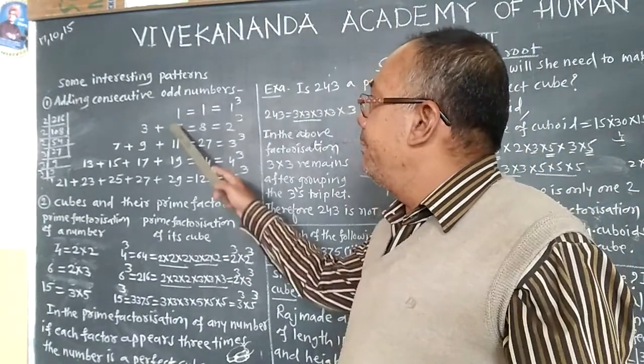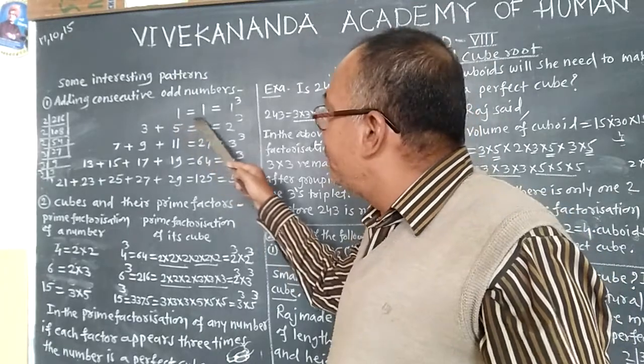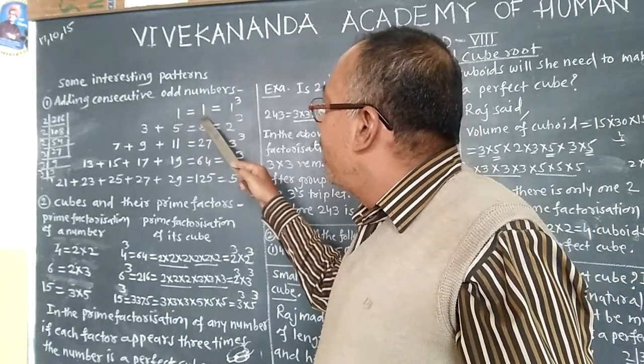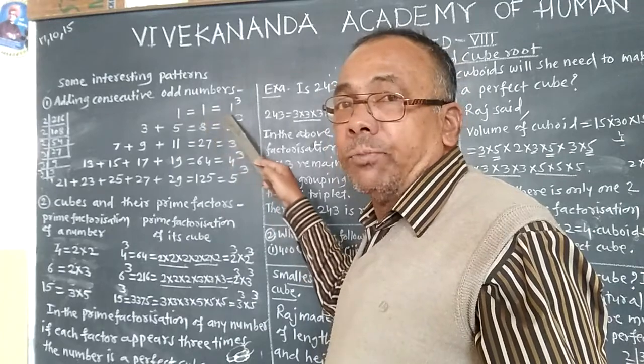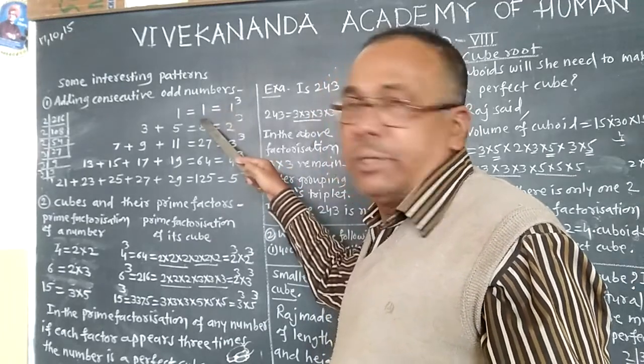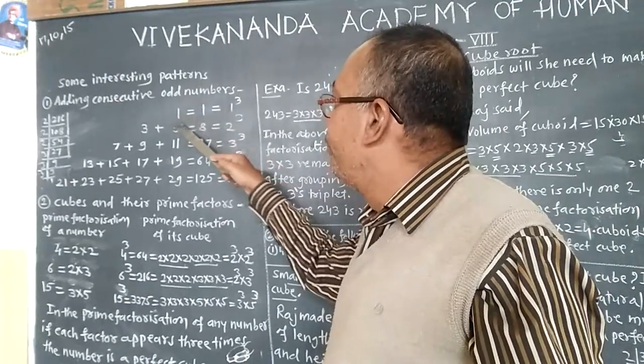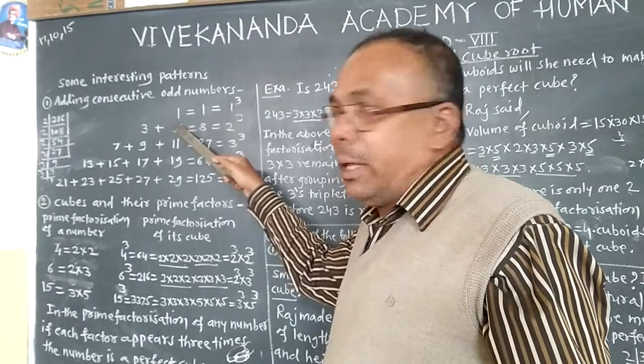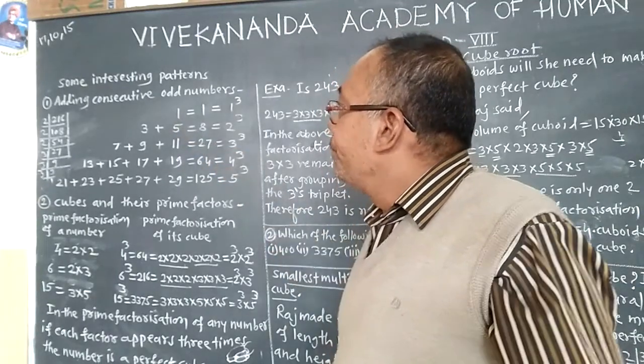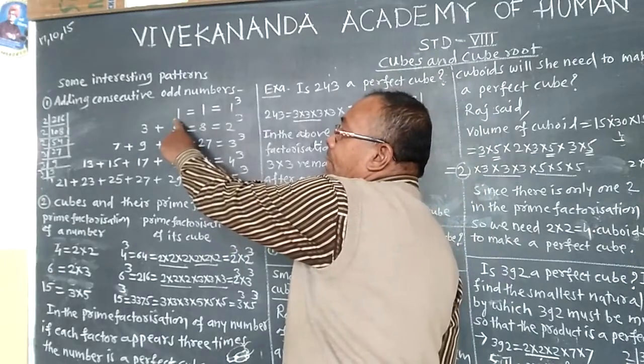First of all we will write 1, and 1 can be written as 1 cube, because 1 cube is always 1. So 1 is equal to 1. 1 is an odd number. Now here there is only one odd number.